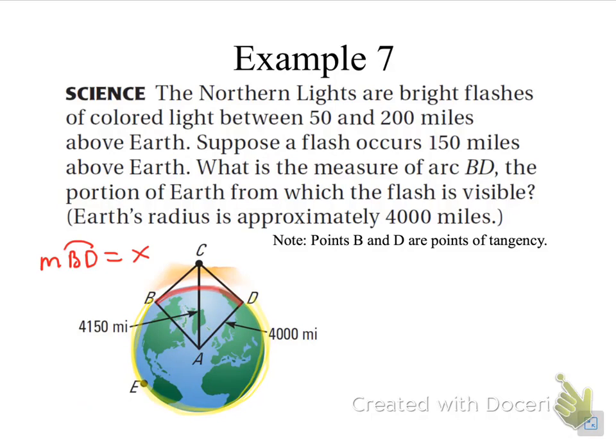Arc, it's a major arc, BED, is 360 minus X. I don't know if you can read that. I'll write that again. Wrote it in black. 360 minus X is the other arc.